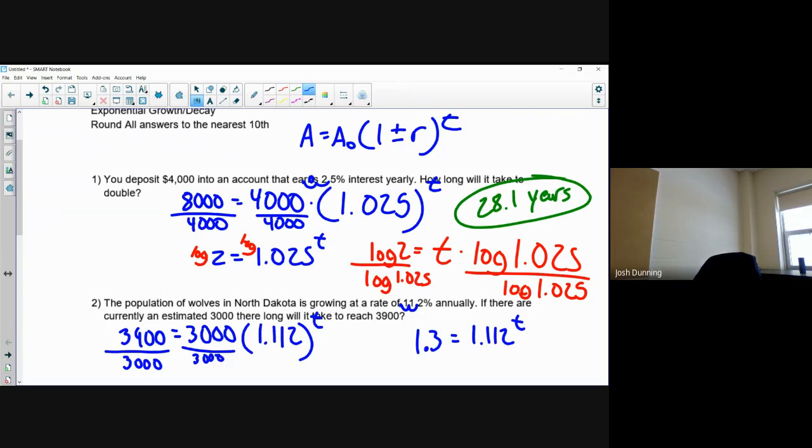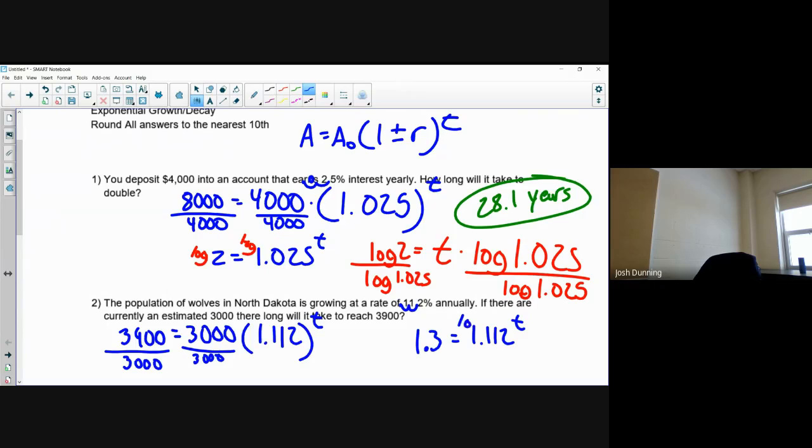And again, just remember, anytime you need to solve for an exponent, unless it's something easy like 2 to what power gives you 4? Well, you should know that's 2 squared. But who in their right mind would know what I raised 1.112 to get 1.3? No one knows that. So you take the log.